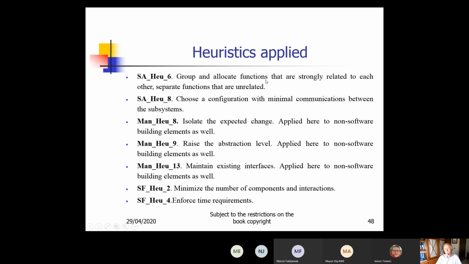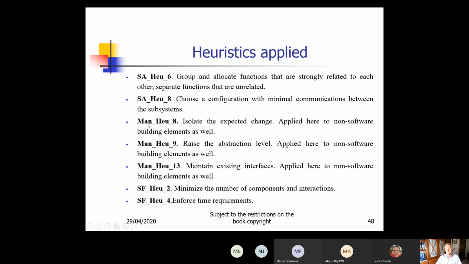Group and allocate functions that are strongly related to each other, separate functions that are unrelated. This is a heuristic to create a modular architecture. Choose a configuration with minimal communications between the subsystems. This is minimal coupling. So it's very important to identify the heuristics we are using.